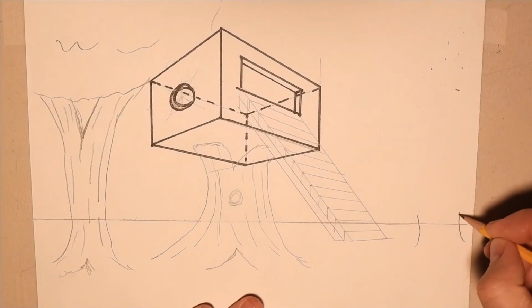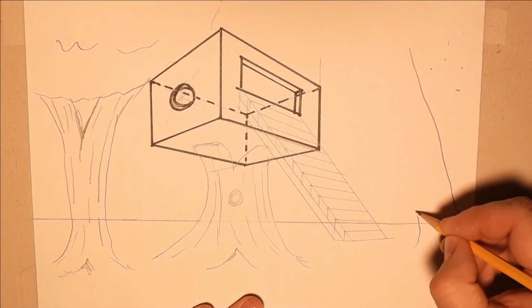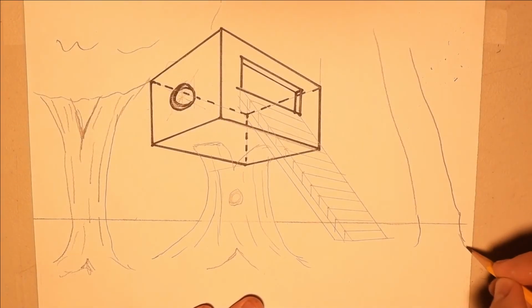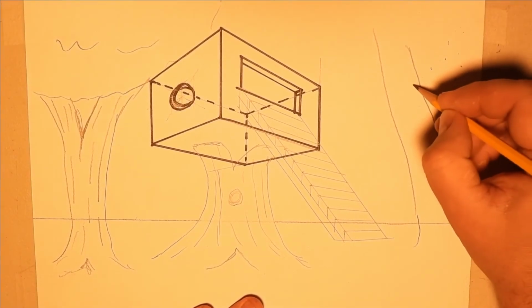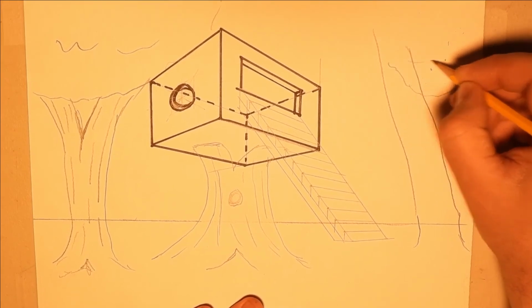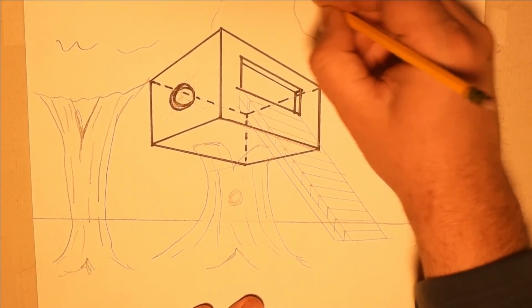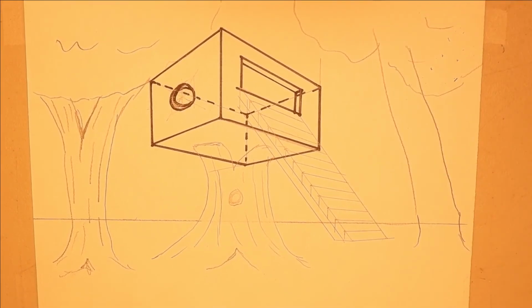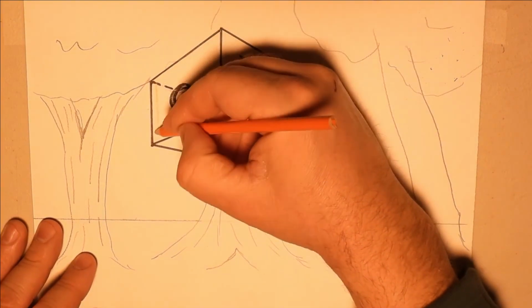So we're up in the woods here. The trees don't always grow very straight, so this one's on an angle. Alright. Let's start drawing our little tree fort in here. Maybe it's our orange tree fort.